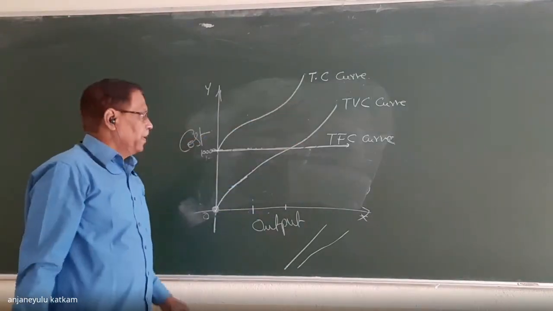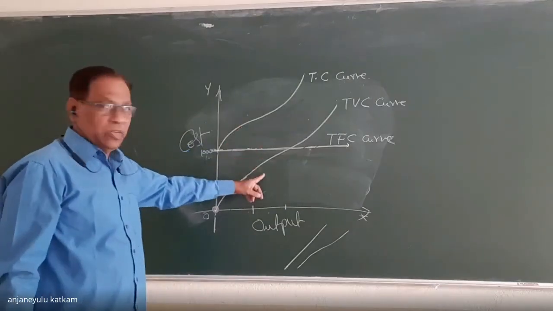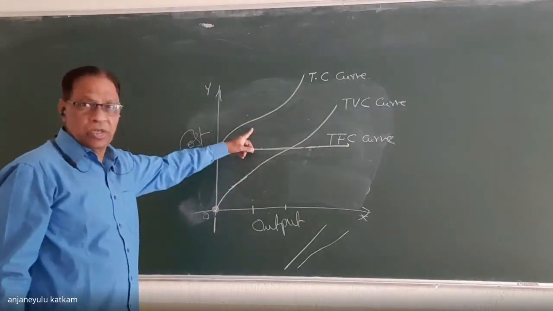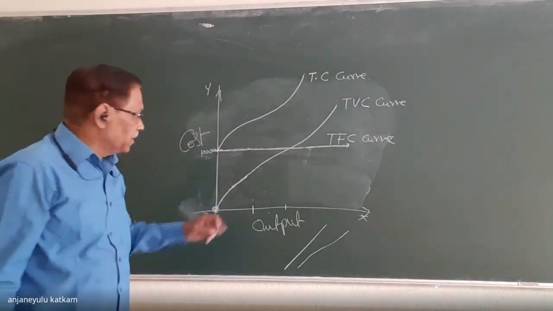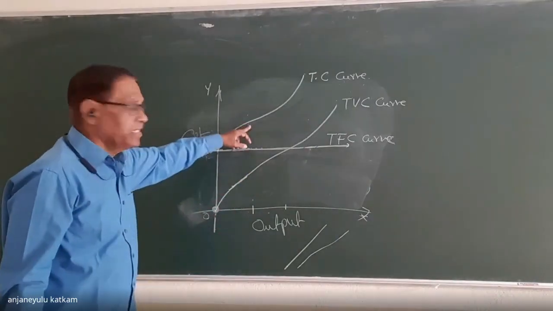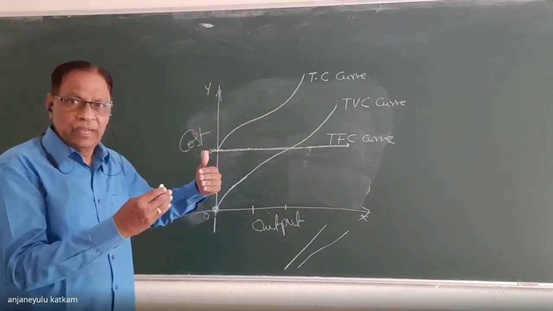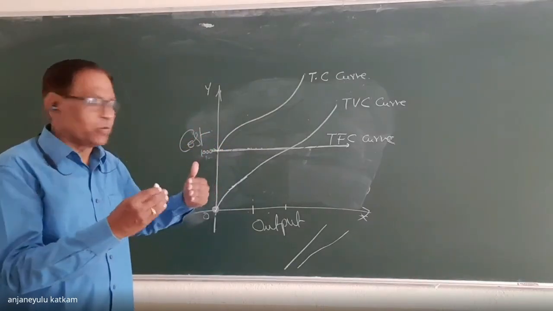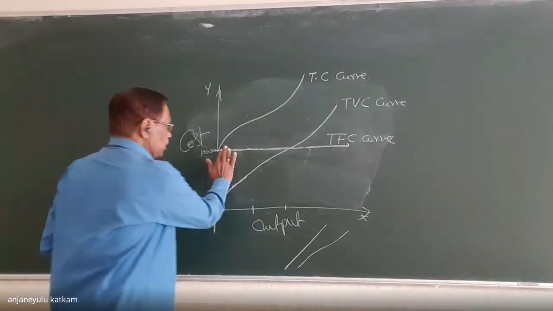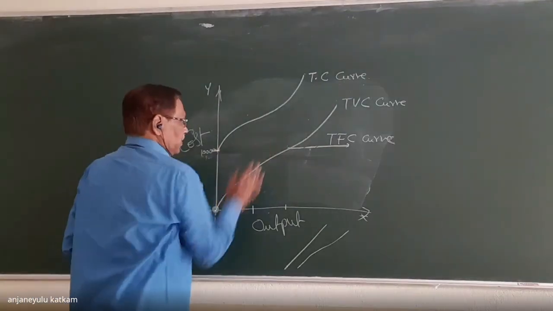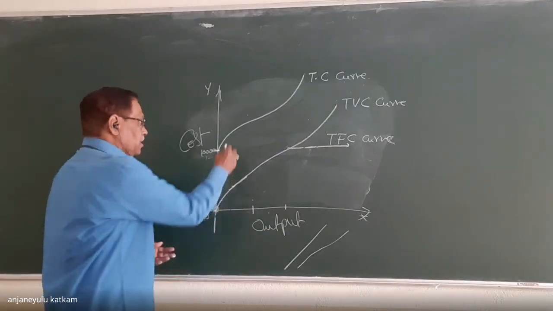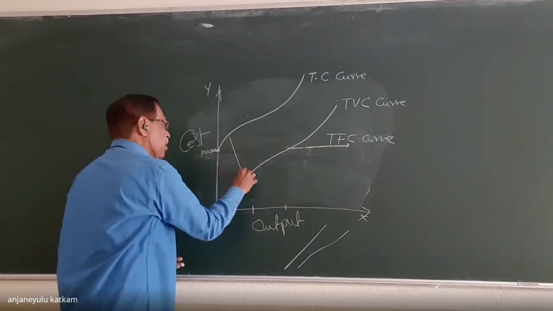Okay. Now when you draw the total variable cost curve and total cost curve, you should see that the distance between the TVC and the TC is equal. These two are equidistant curves. Suppose I remove this fixed cost curve, the distance between these two is equal everywhere.